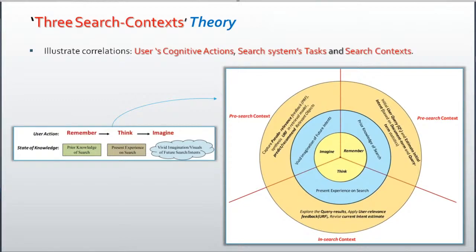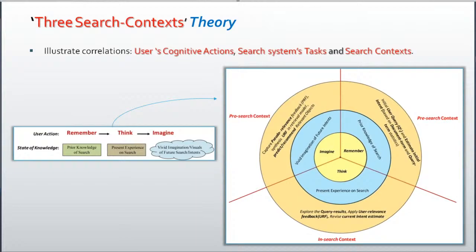We are assuming that for a search task we have three states, and each state represents a different user mind behavior or cognitive behavior, different states, different processes. So why not model these three as three different contexts?